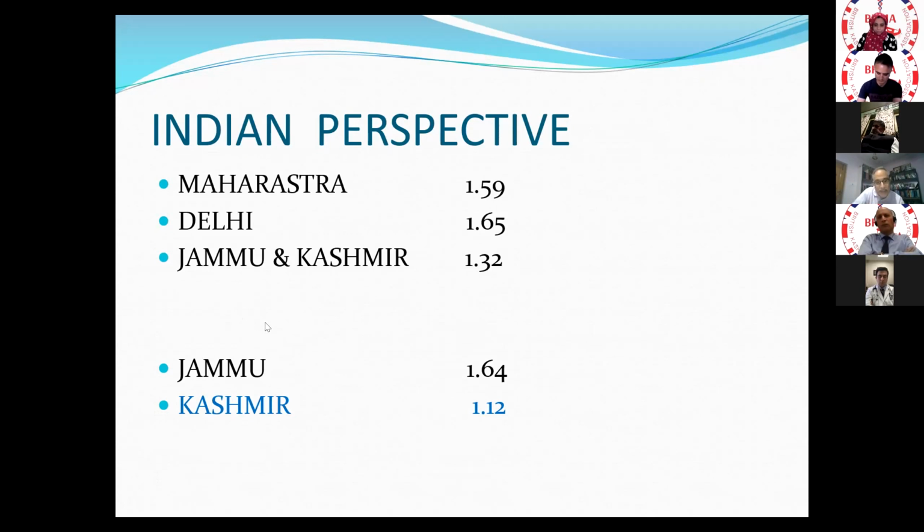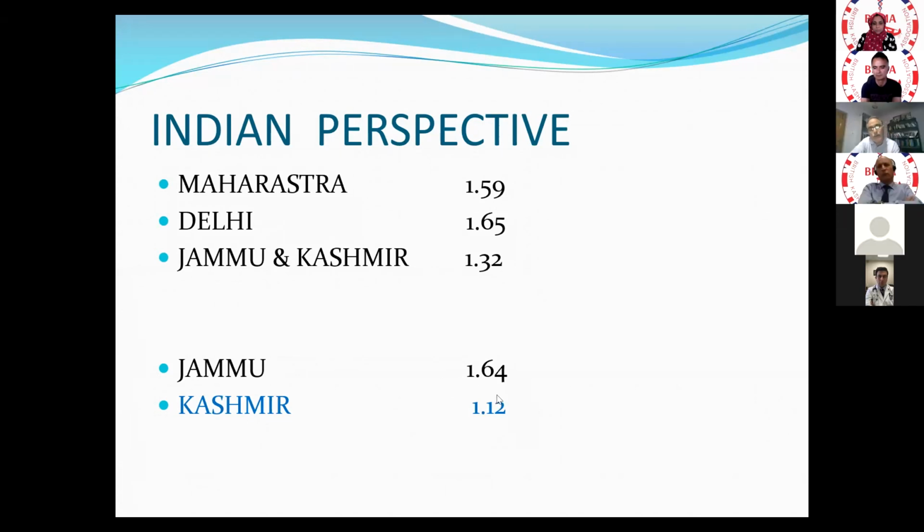Jammu is the southern part and Kashmir is the northern part of this hill state of India. In Jammu, we saw the cases were fewer than in Kashmir, but the fatality rate was 1.64. And in Kashmir, we were following almost neck to neck with the national 1.12.